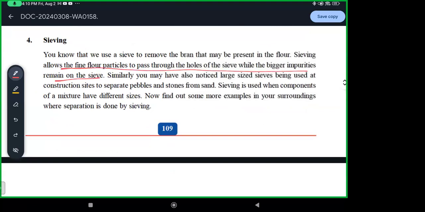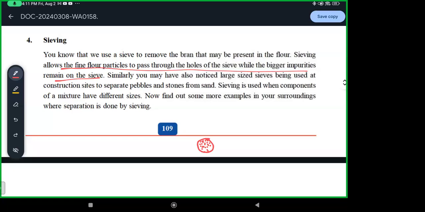The fine flour comes out on the other side, and the impurities, which are slightly bigger, stay behind because a sieve has very small pores. So only the fine powder passes through. The rest gets contained on the surface of the sieve.